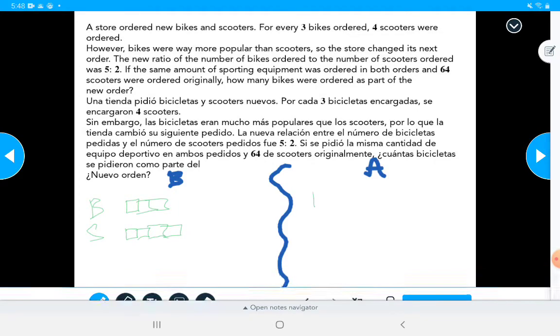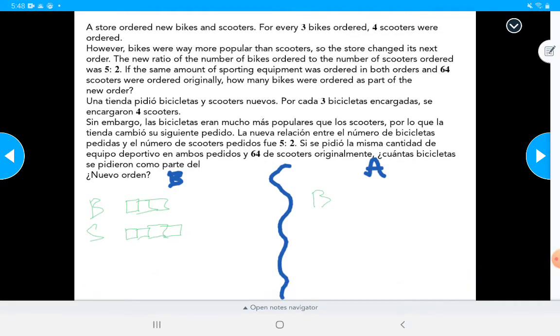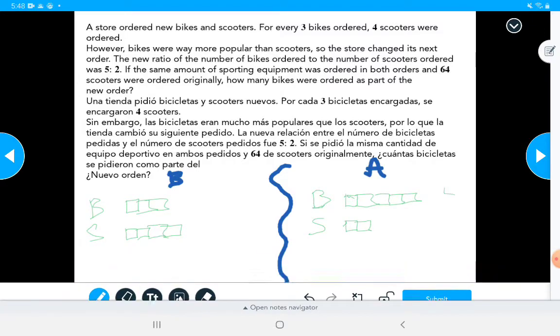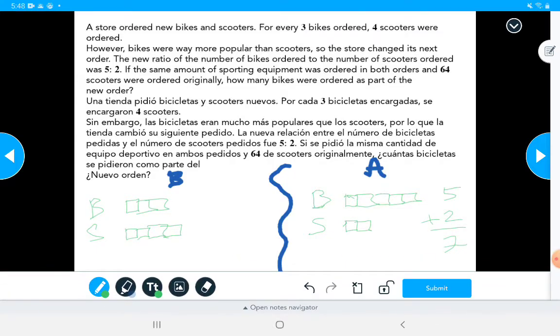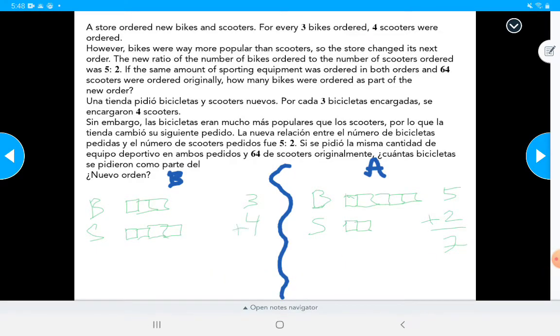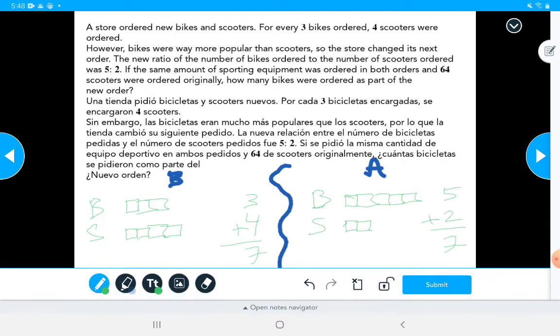Afterwards, bikes were more popular, so the ratio of bikes moved to 5 bikes for every 2 scooters. Now, if we were to add these up, we know 5 and 2 is 7. And we know that 3 and 4 is 7. So those ratios are going to be comparable.